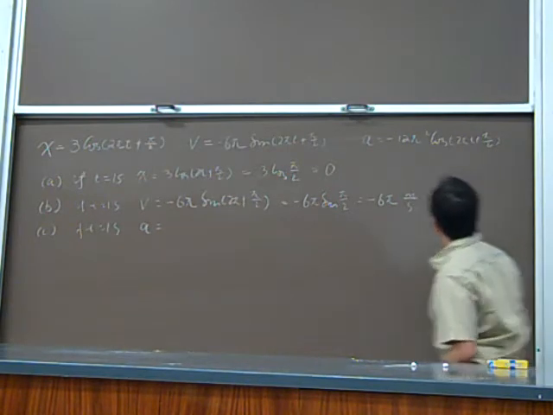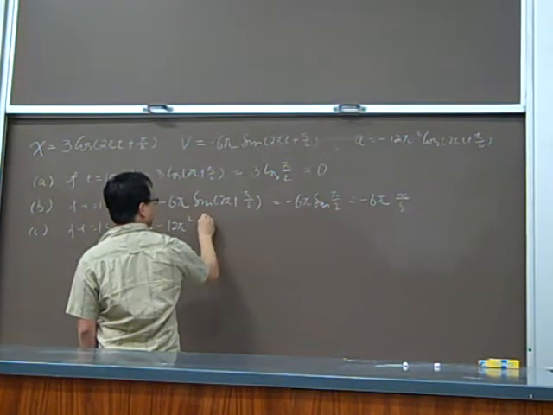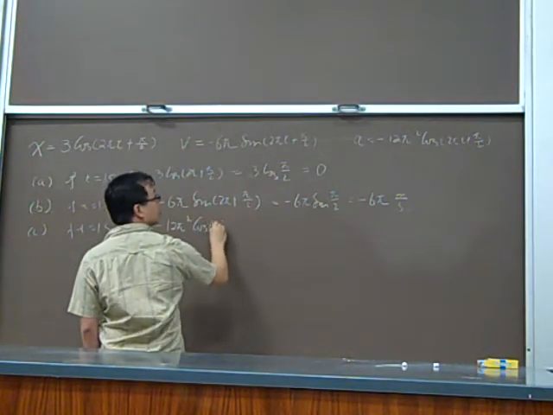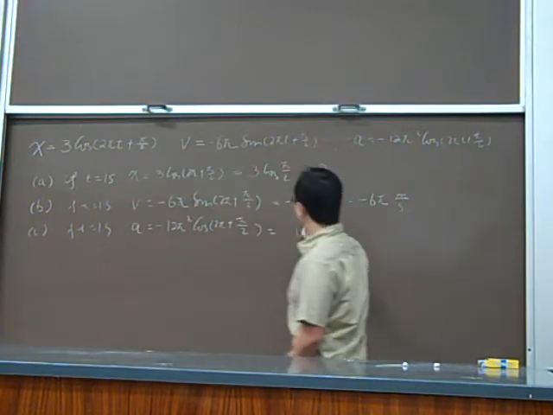Okay. So acceleration is of course this cosine of 2 pi plus pi over 2. So what's that? 0. Okay.